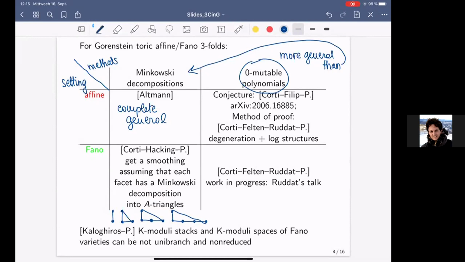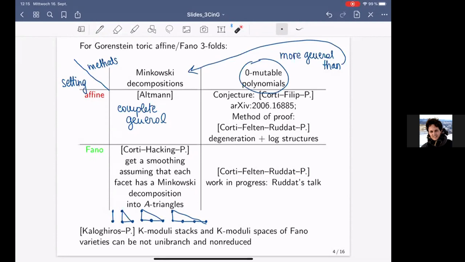So basically, our theorem in this case is if you have a Gorenstein toric Fano threefold, such that each facet of the polytope has a Minkowski decomposition into A triangles, and then there is a technical condition that I will not talk about, then we get a smoothing, so a deformation to a smooth Fano variety.